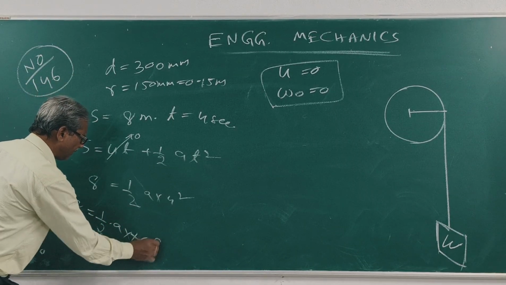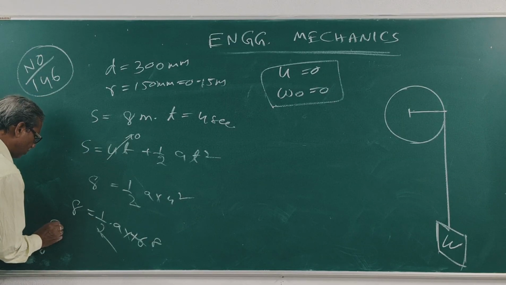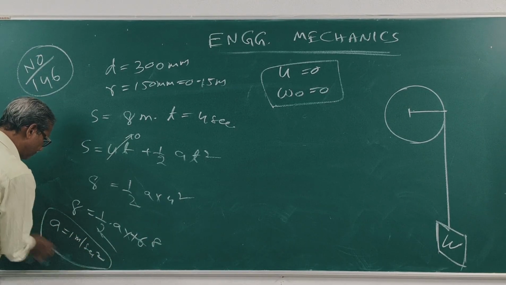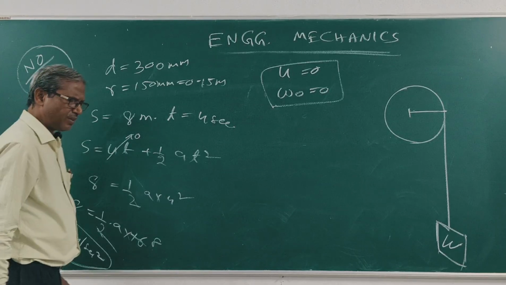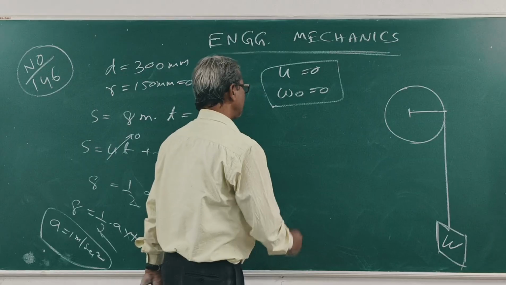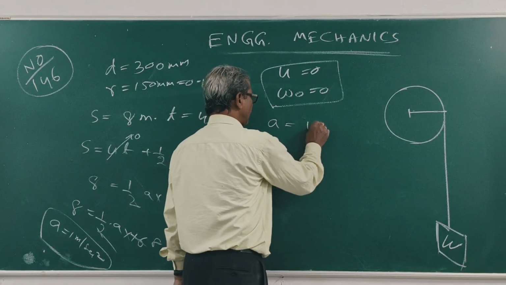What is a equal to? 1 meter per second square. A means the linear acceleration, so a is equal to 1 meter per second square.